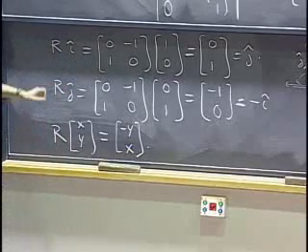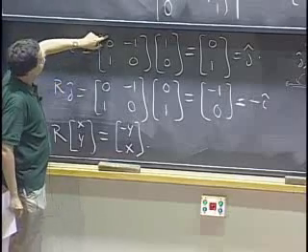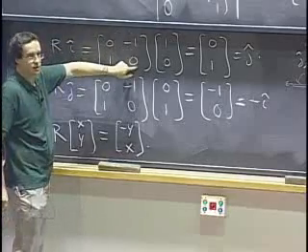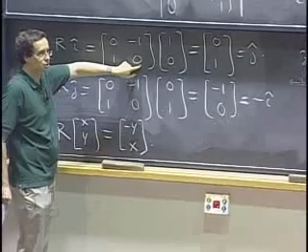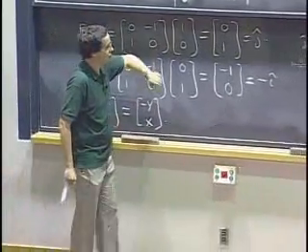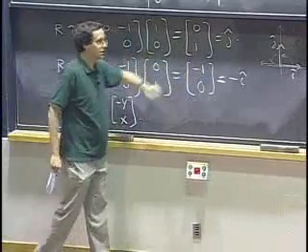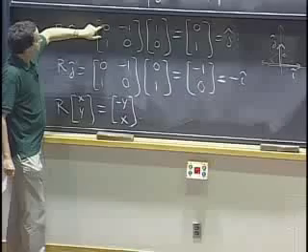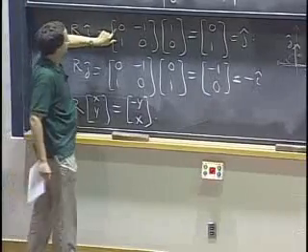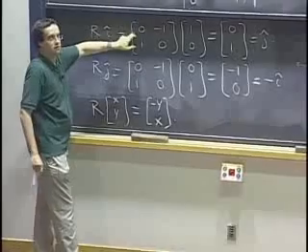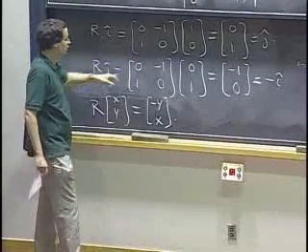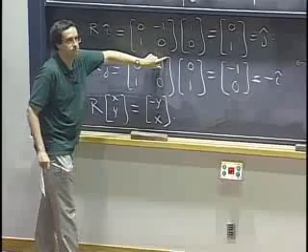By the way, I should point out that the columns in this matrix represent what happens to each basis vector, to the vectors i and j. See, this guy here is exactly what we get when we multiply r by i, and when we multiply r by j, we get this guy here.